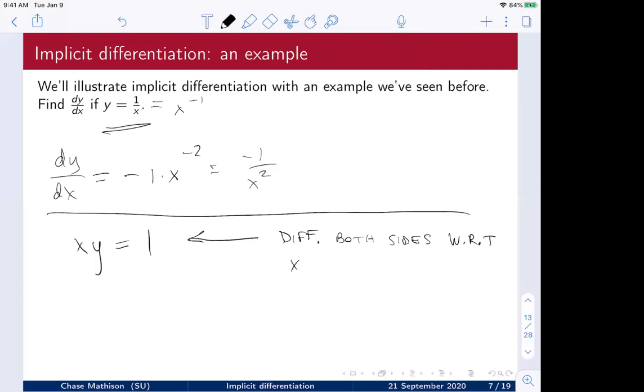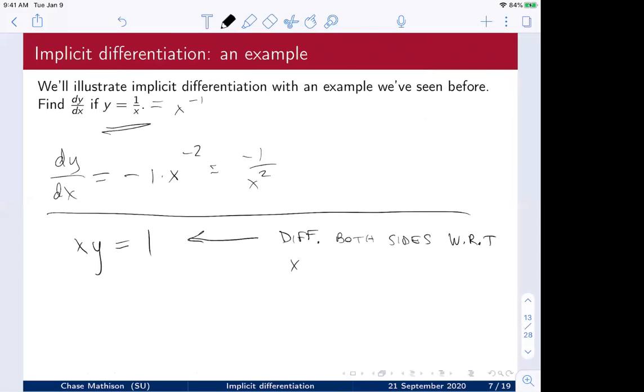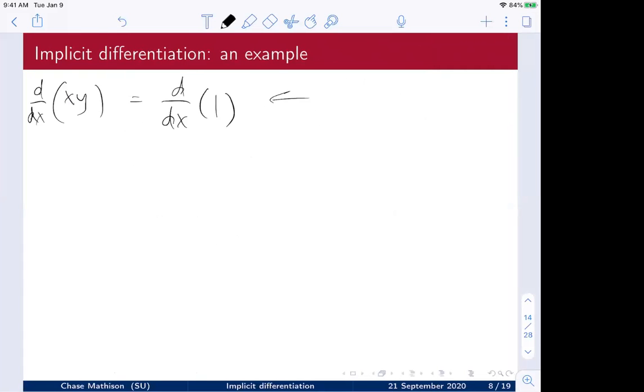Keep in mind that y is a function of x. So we'll do the easy side first. We're differentiating xy. I'm doing d/dx to both sides of this. To go from here to here, all I've done is apply the derivative to both sides.